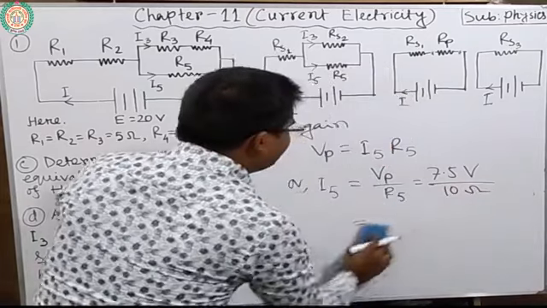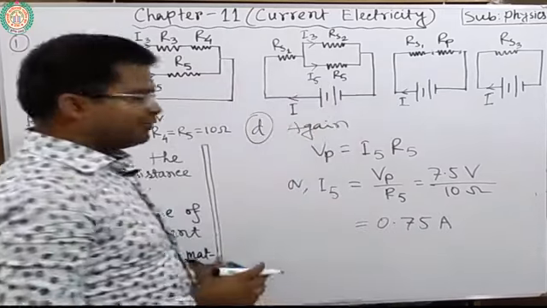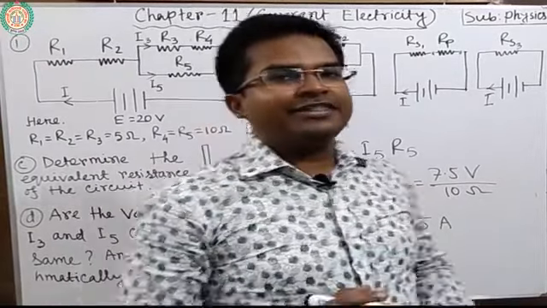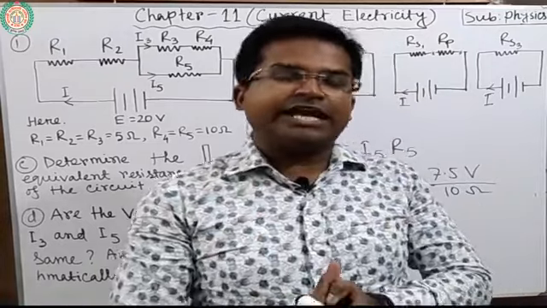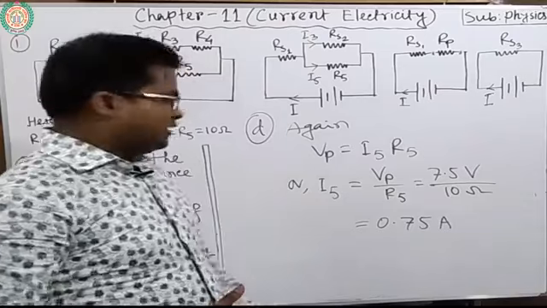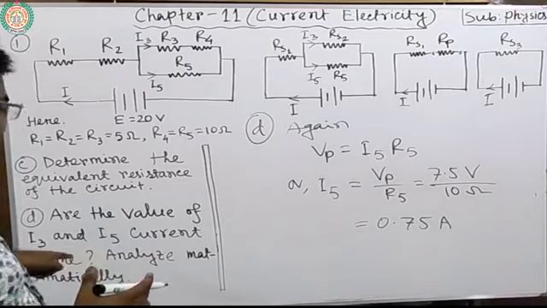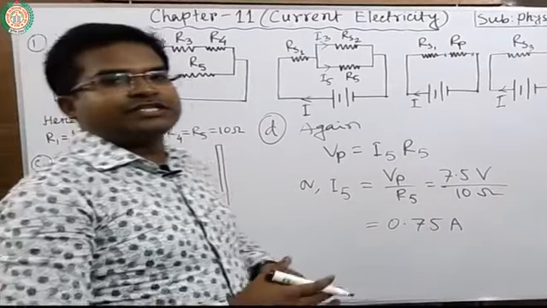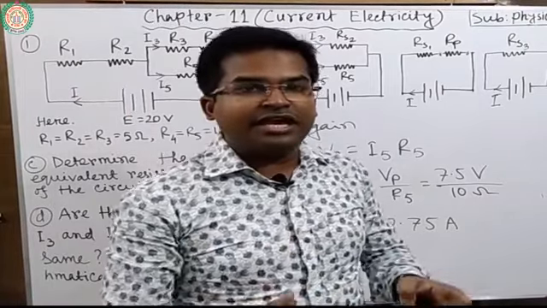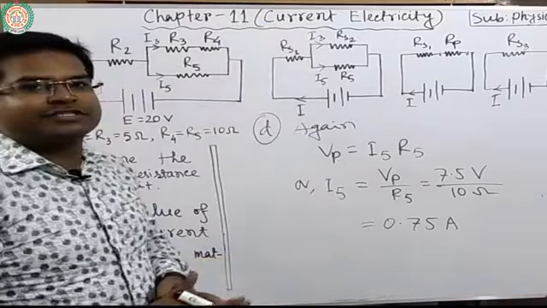So the value of I5 will be 0.75 ampere. So dear students, we have already seen the value of I3 is 0.5 ampere and the value of I5 is 0.75 ampere. So in this case, are the values of I3 and I5 current the same? No dear students, the values of I3 and I5 current are not the same.